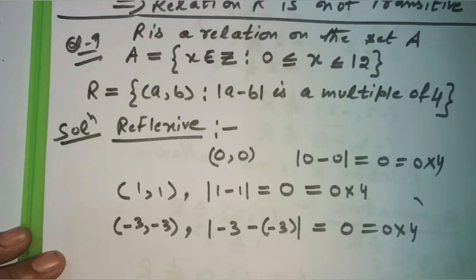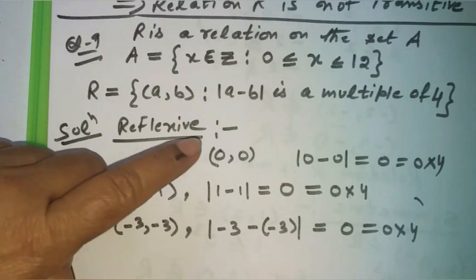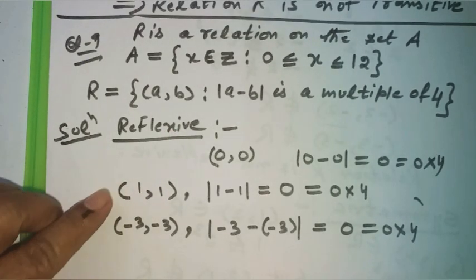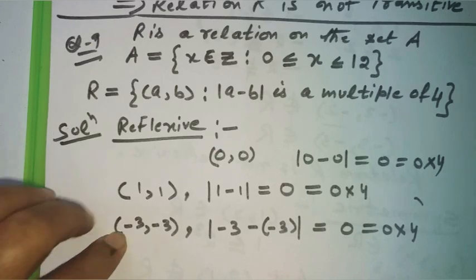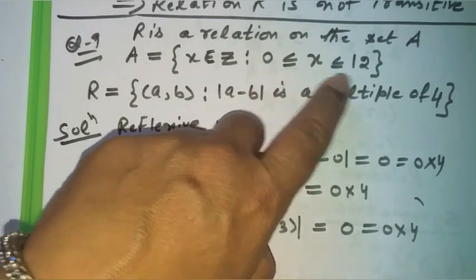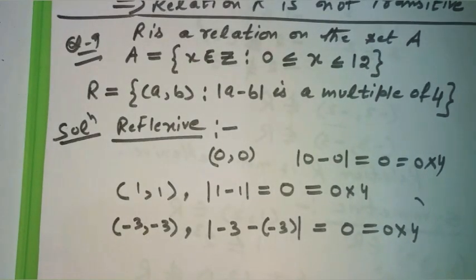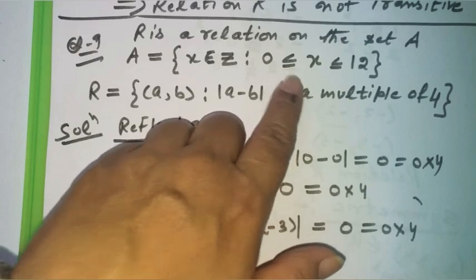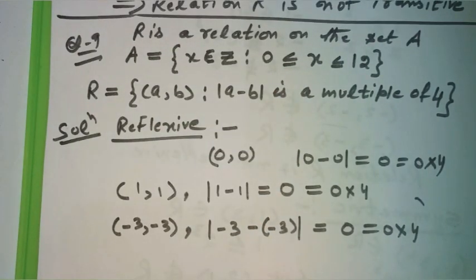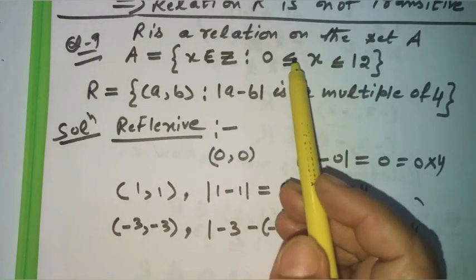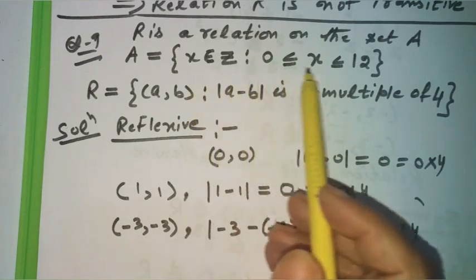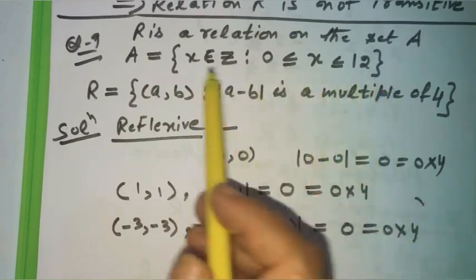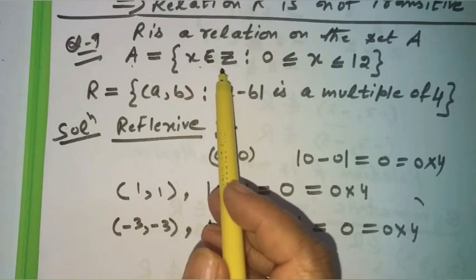But here the problem is that although you have mentally checked for each type of integer, for 0, for positive integers, for negative integers, here you have to check only for the integers from 0 to 12. Suppose this restriction is not there, and A is the whole set of integers.